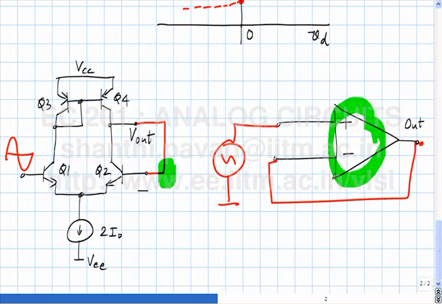What will be the voltage here? No. What will this voltage be? I am asking you, this is a sine wave. What is this voltage going to be? Why negative? This is a unity gain follower. If the follower is working properly, whatever happens here must happen here. Okay? So this voltage must be the same as this. Okay? The question is, how large a sine wave must I put before things start to screw up?